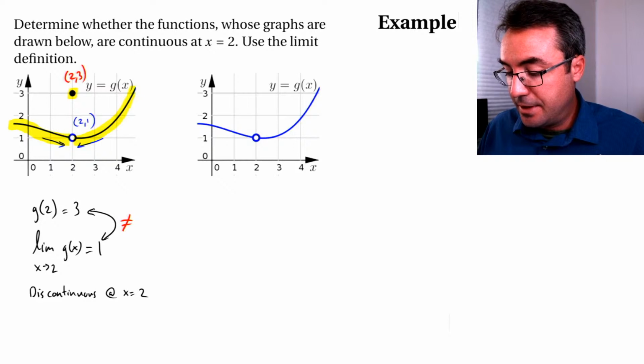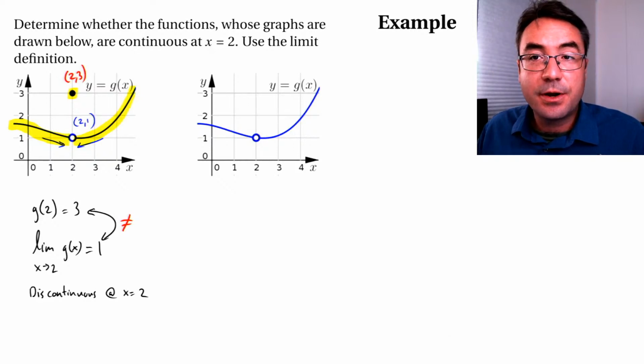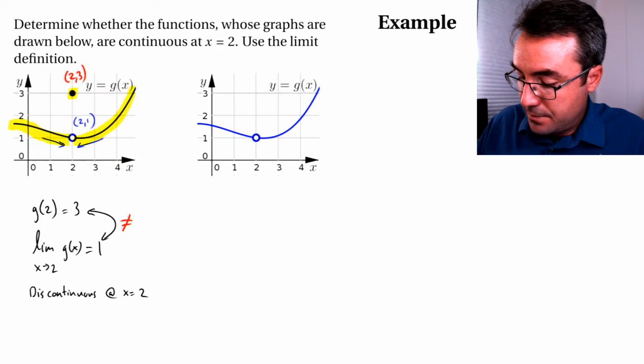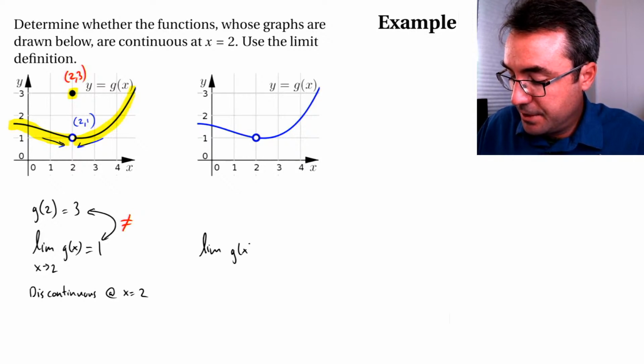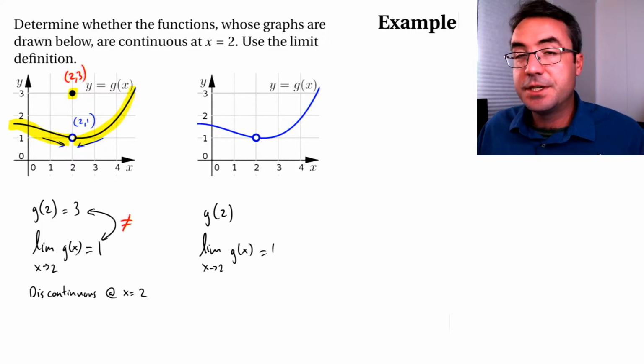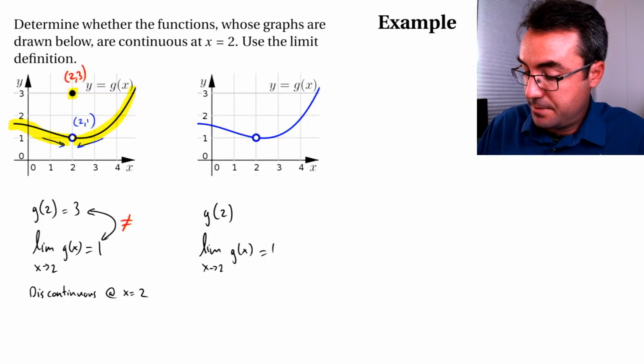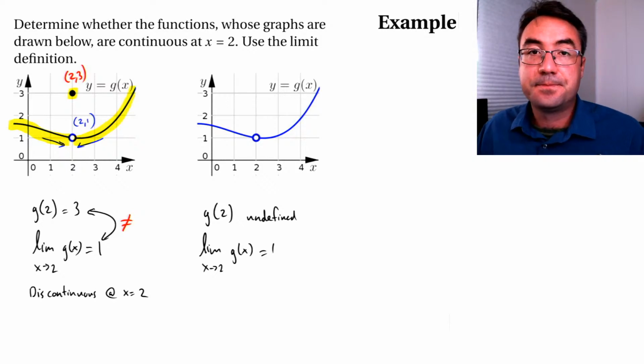All right, in the next graph, very similar, but in this one, the limit of our function is still equal to 1, but now there's no filled in circle, so our function is actually undefined at x equals 2.